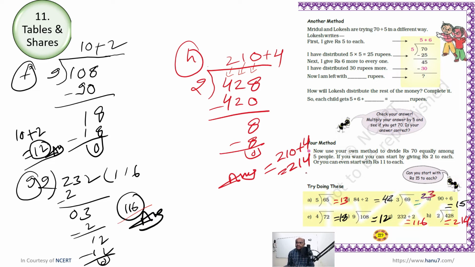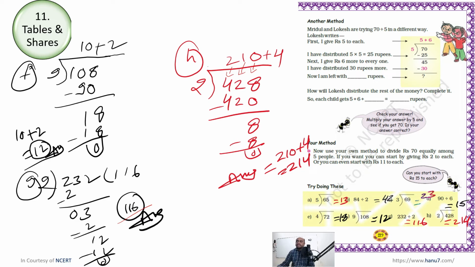If you want, you can multiply 214 with 2. As the number is becoming double, you can see 4 2s are 8, 2 2s are 4, 2 1s are 2, 2 4s are 8. So the answer is clearly visible to us, the number is becoming double. 214 2 times will become 428.